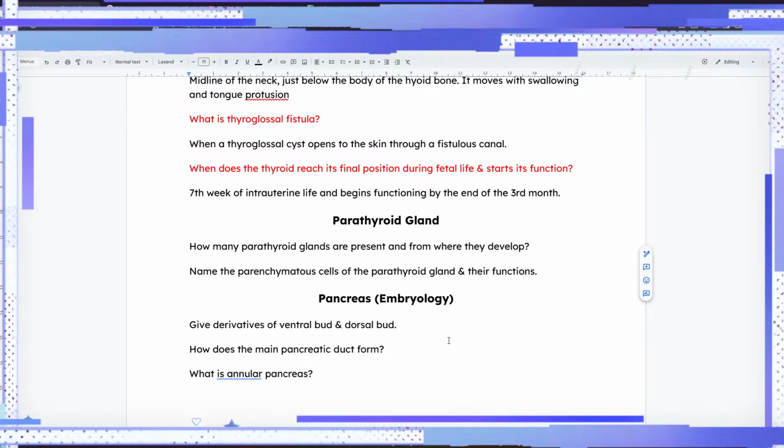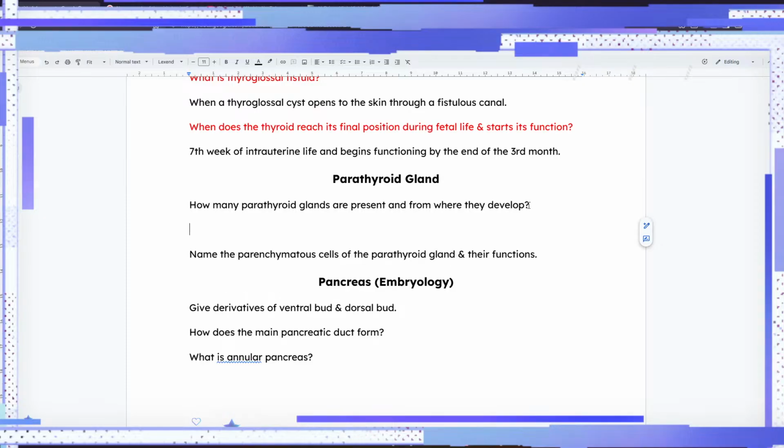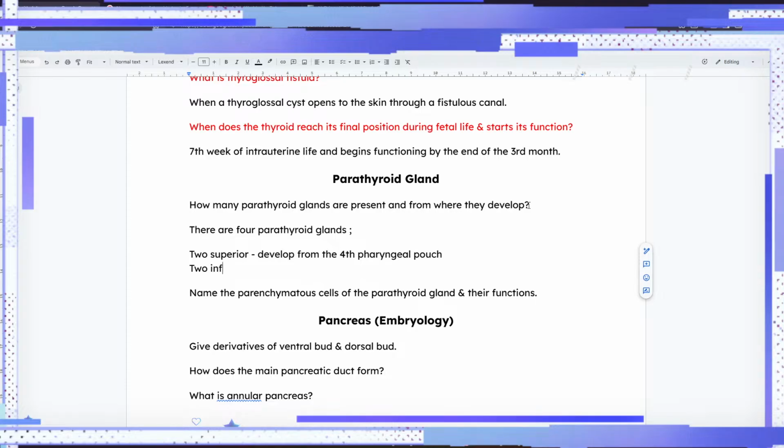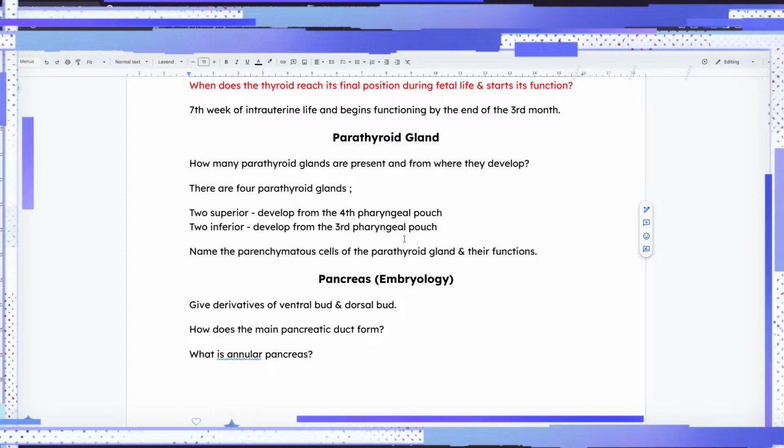So there are four parathyroid glands: two superior, that develop from the fourth pharyngeal pouch, two inferior, develop from the third pharyngeal pouch. Okay, that is literally it.